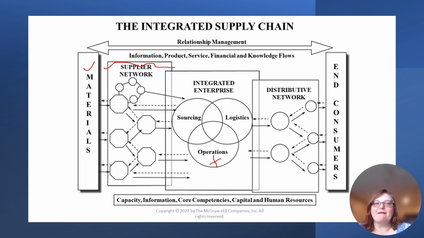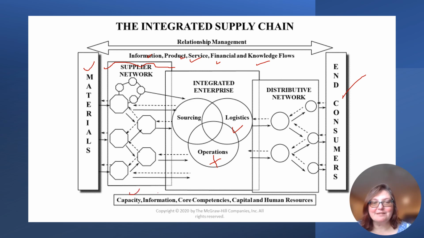And then you have the logistics piece, which is how do you get the product from one point to the next, to the next, to the next throughout the supply chain. And then how do you distribute it to the end consumer? How does it get to the retailer or the wholesaler? All within this is information, product, service, financial, and knowledge. And then capacity.